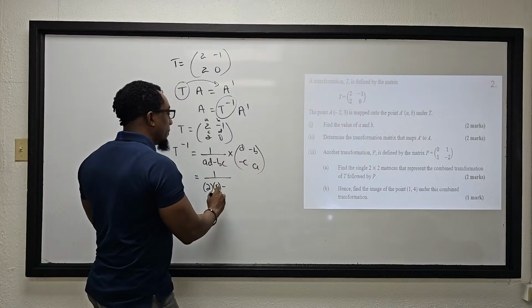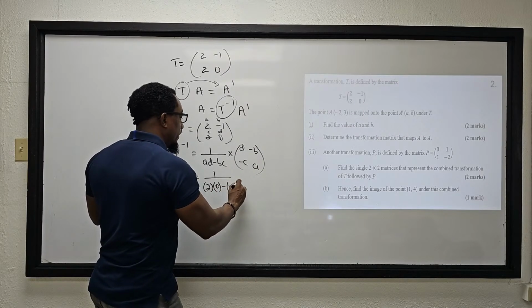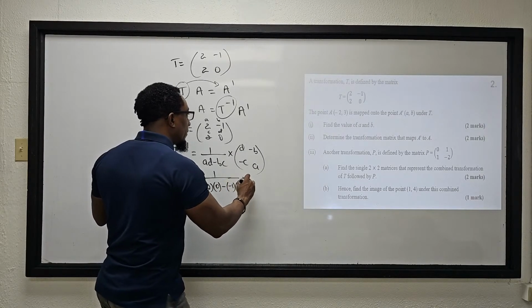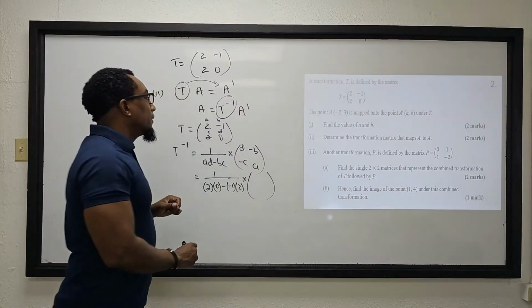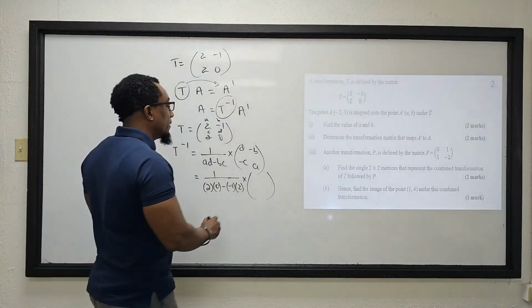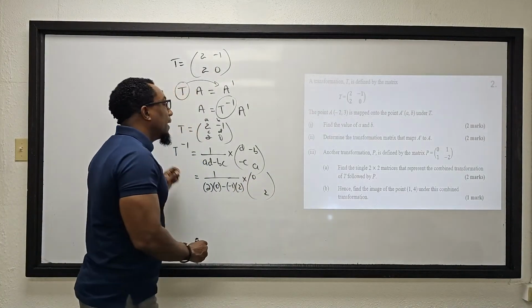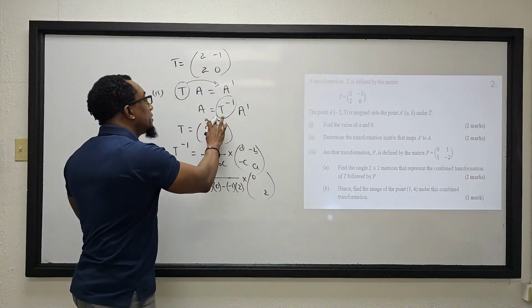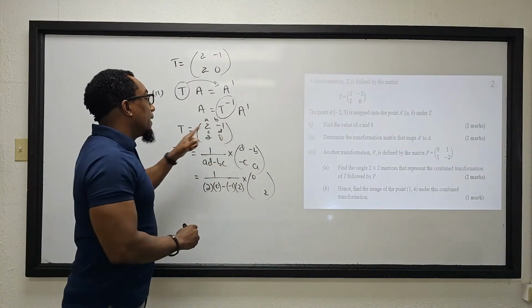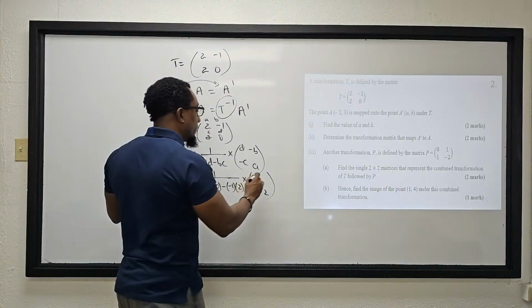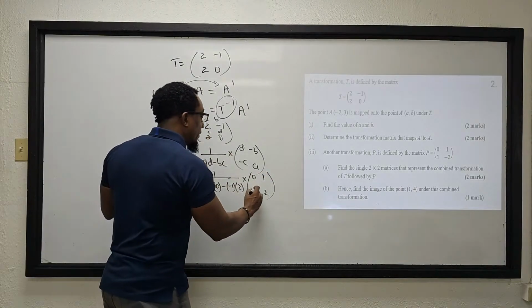D, which is 0. Subtract B, negative 1, C, 2, times the adjoint, which is the interchange of both A and D, 0, 2, and we change the signs of B and C. So we know that negative 1 becomes positive 1, and positive 2 becomes negative 2.